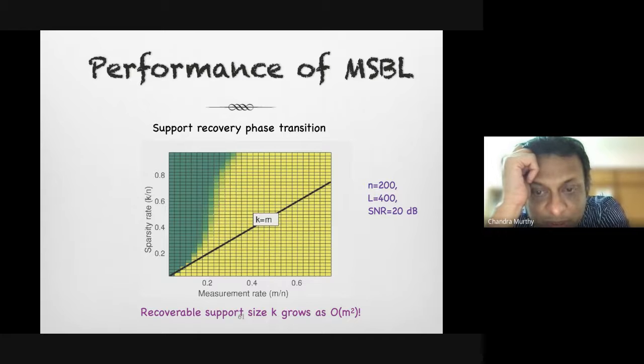So k greater than m, meaning that each of these columns of the matrix X has more non-zero entries than the number of rows of Y. This by itself is quite surprising and almost magical, that it's able to go so much beyond the k equal to m line.